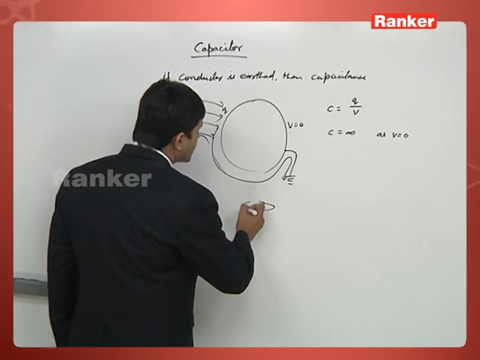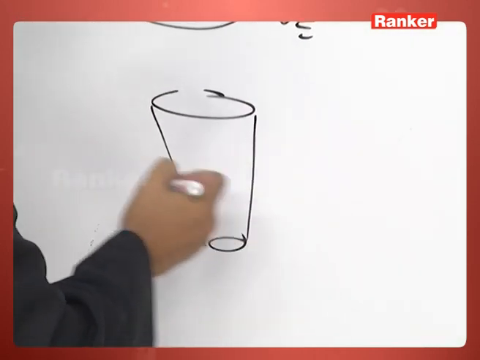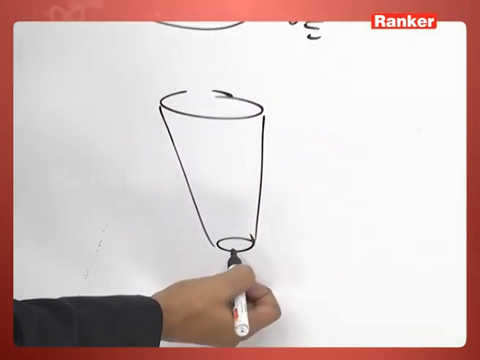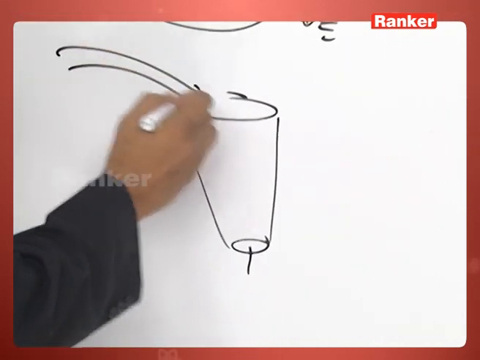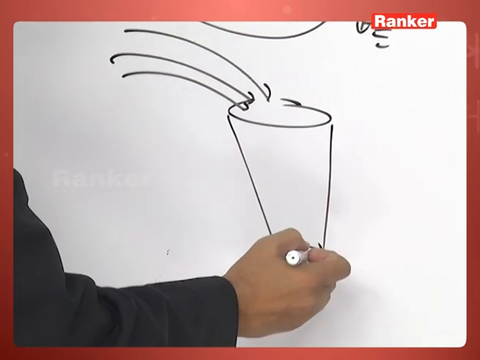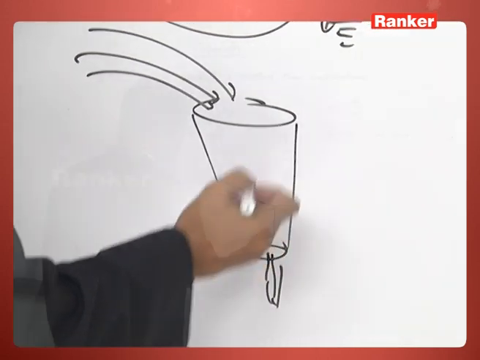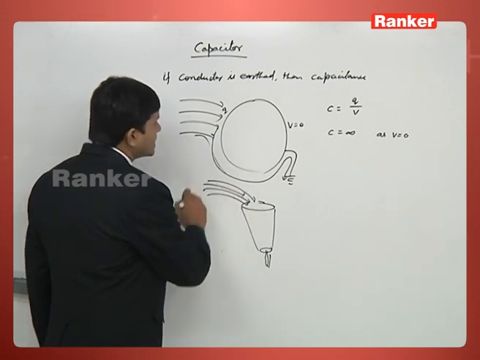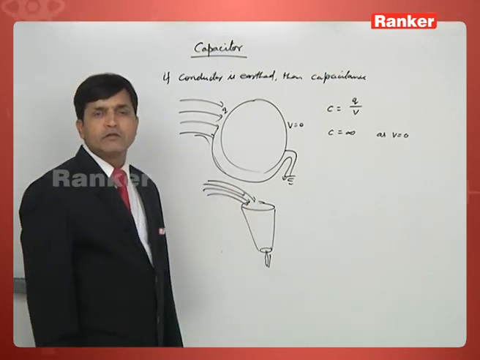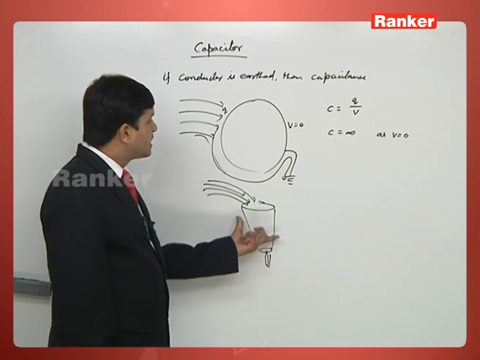It is very similar to that. If we are talking about the capacity of a glass, and a small hole has been made here, then whatever amount of water we are giving into the glass, that amount of water will leak out, so it will never fill. Never fill means we can say it can take infinite amount of water to become fully filled.